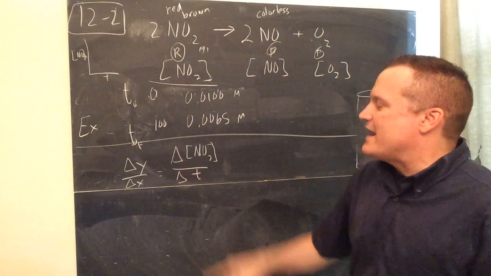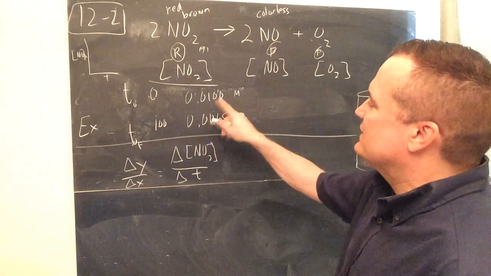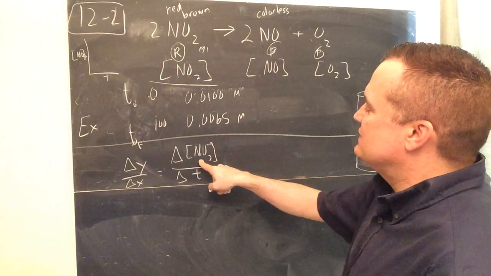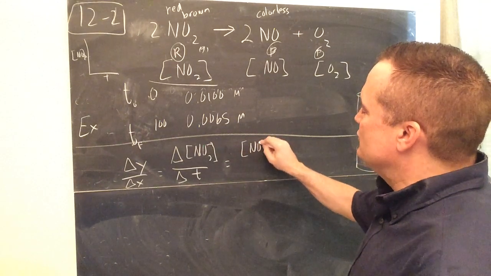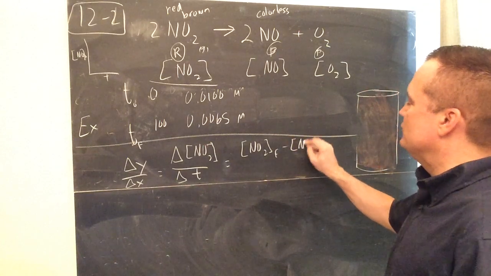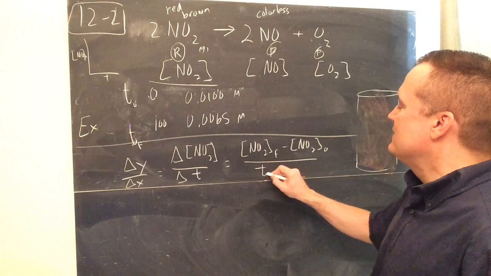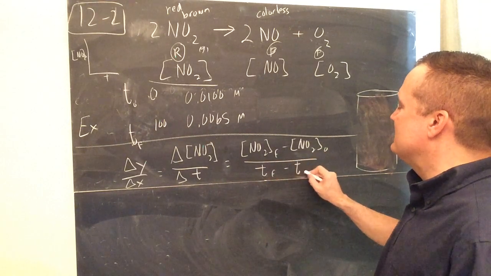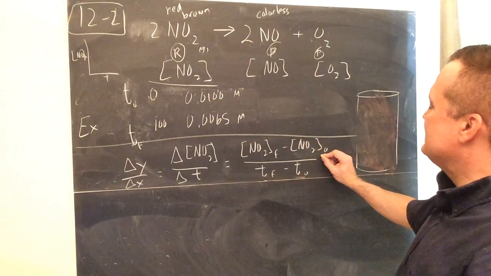Now, you don't have to write all this down, but like I'm showing you, if I said calculate this, just say it's going to be the change in NO2 over the change in time. You can even just start with this: NO2, the molarity final, minus NO2 initial, divided by the time final minus the time initial. Now, if you really want to be specific, time initial was 0, actually.